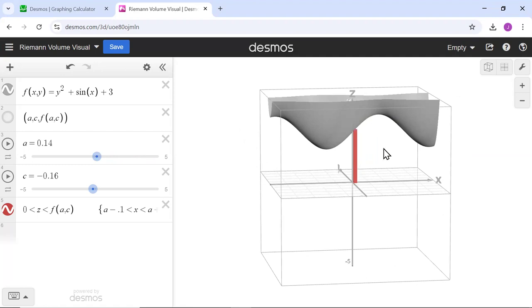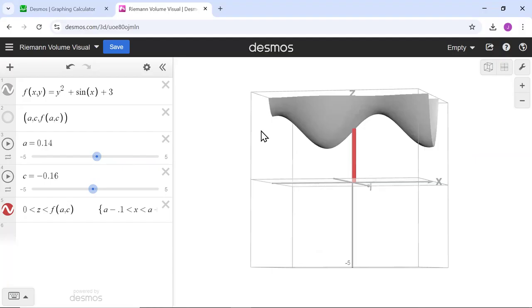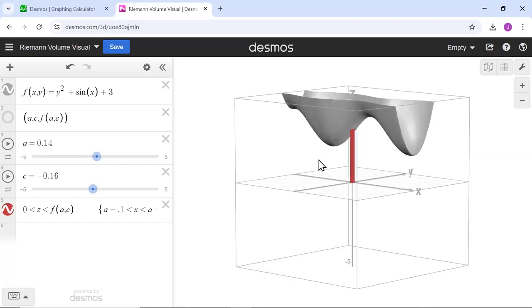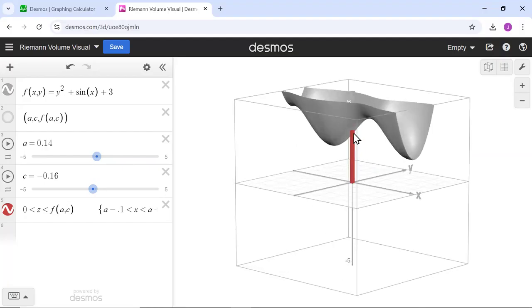So if I'm looking at the volume under this surface here, which is a really weird surface, I'm going to take a bunch of bars, just like this one. This is just a representative bar, and I'm going to add them up.